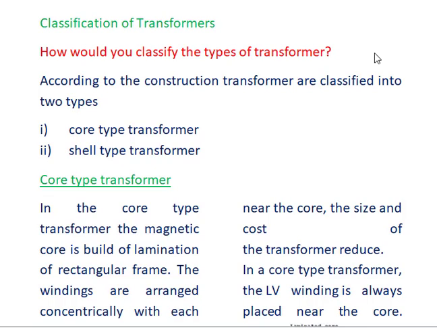One is the core type transformer, another is the shell type transformer. These transformers are classified according to how they are constructed and designed.